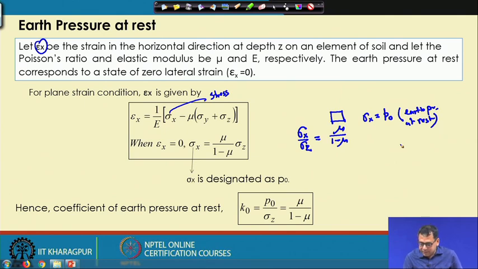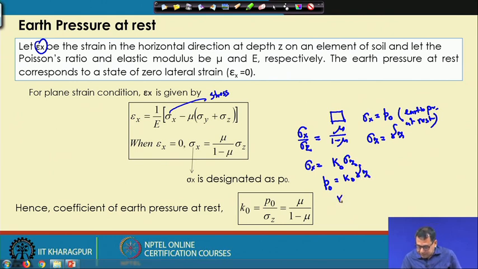Sigma z at any point is gamma into z, the vertical stress which is acting. So sigma x is equal to k 0 into sigma z. This is the earth pressure at rest, which is k 0 into gamma into z.